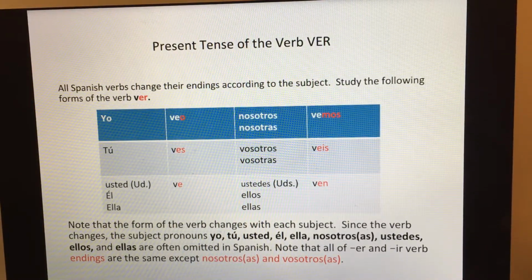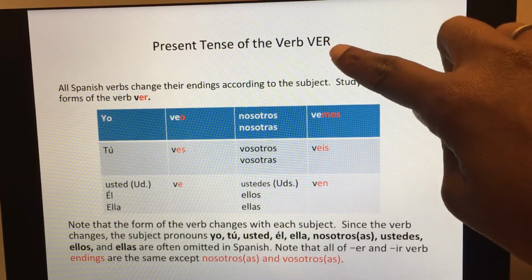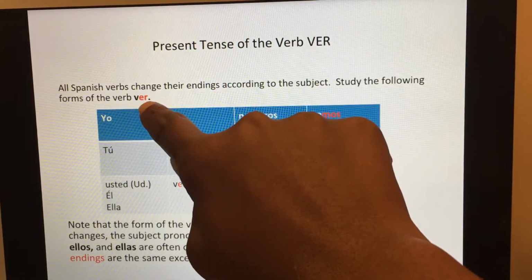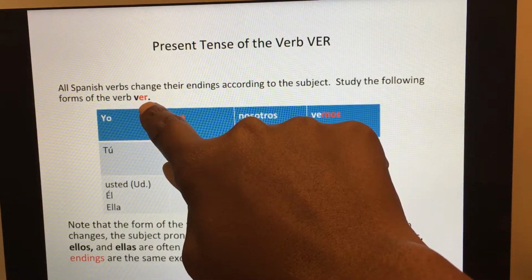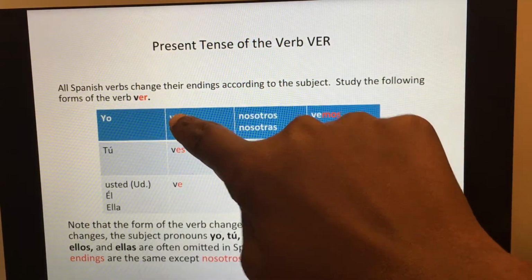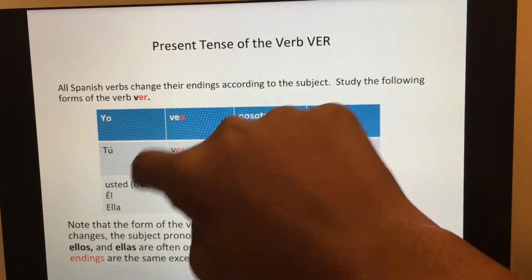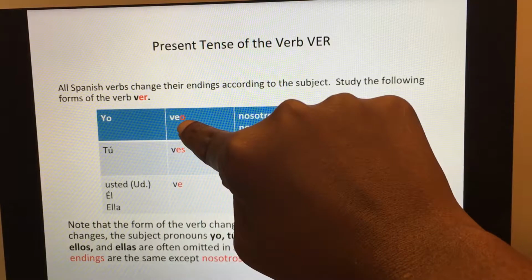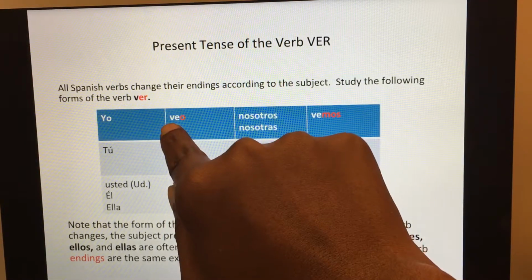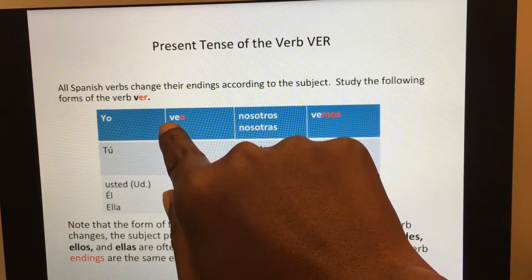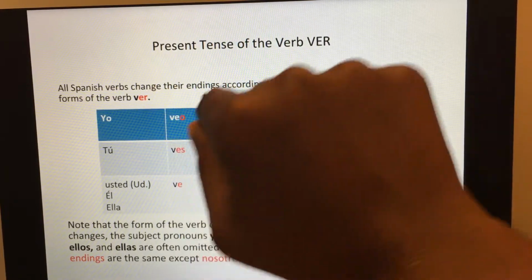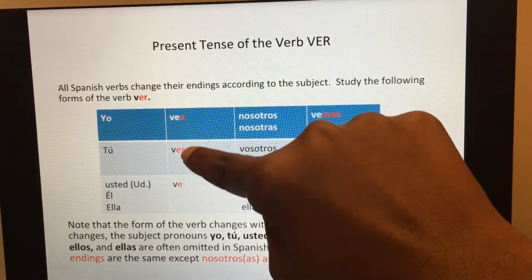Now, we're looking at the verb ver. Ver means to see or to watch. Look at how it's conjugated. Typically, you would drop the ER and then add the O. But there's a slight difference here in the yo form. It's VE and then O. So veo, I see.